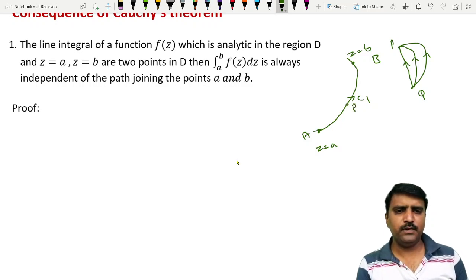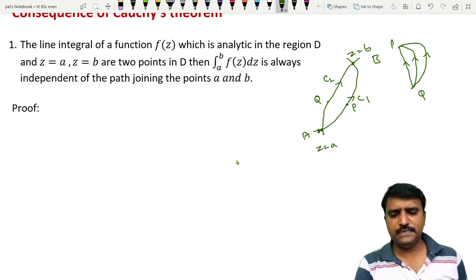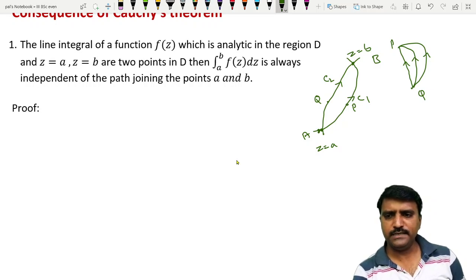Take another path from B to A or A to B like this. You take the point B, and this moves from Q. This is another arc, so that is another curve C2. So just write the same words here.